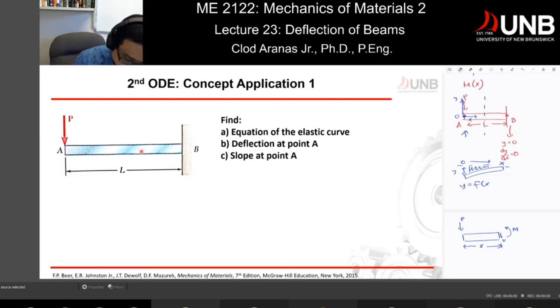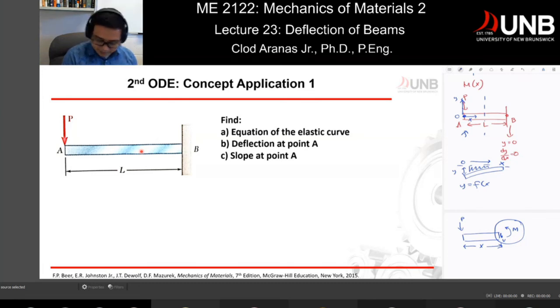Take note, if you only have P on the left side, it's not balanced at all. You have to balance the thing out. So you have to assume this M and V right here, and I'm going to show it to you shortly. This is one method. There's another method, which is just looking at your shear and bending moment diagram. So let's take a look at this one.